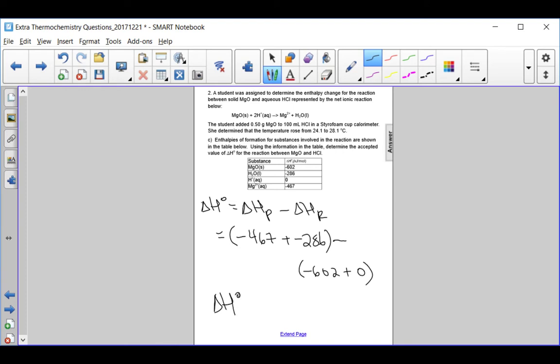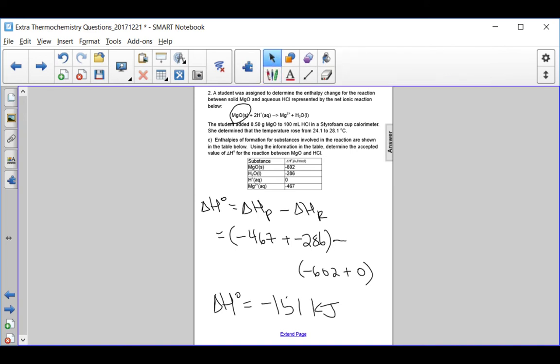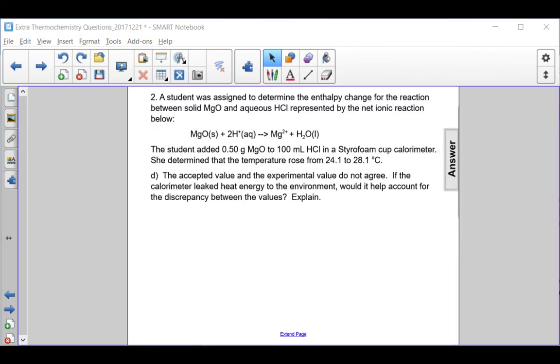Get delta H0 for the reaction of minus 151 kilojoules. And you can see that that's per mole of MgO. Okay, so we get delta H for the reaction, the accepted value, minus 151 kilojoules.